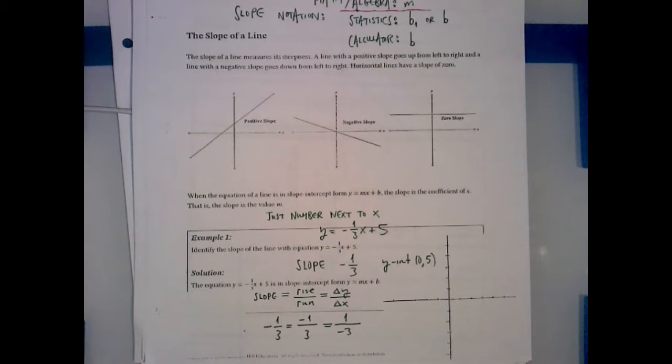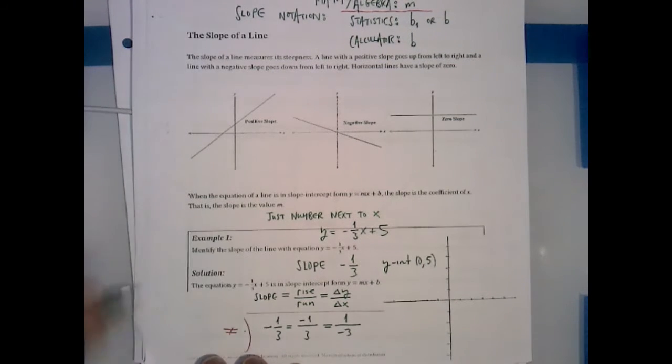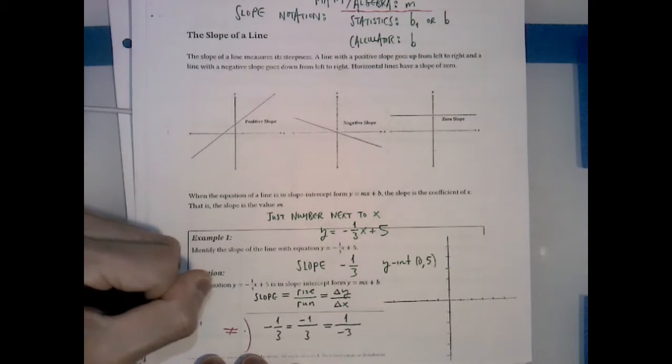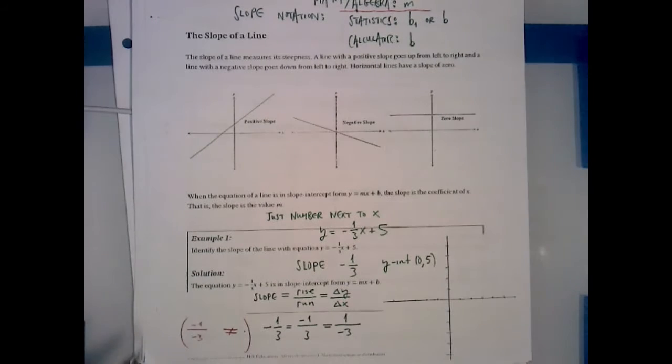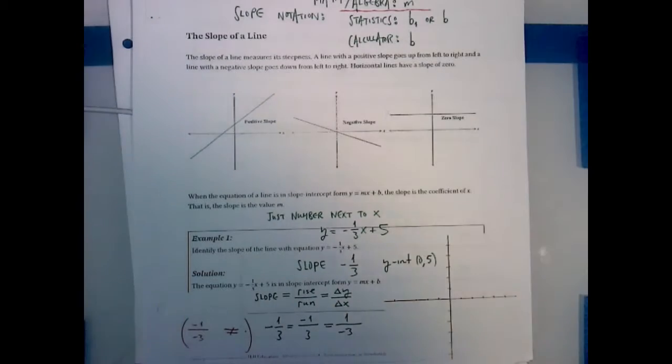Choose one of them that you want to interpret them as. But a caution here is that this is not equal to -1/-3. You don't put the minus sign upstairs and downstairs, because a double negative would be a positive, but this is negative. Anyway, just a small thing here.